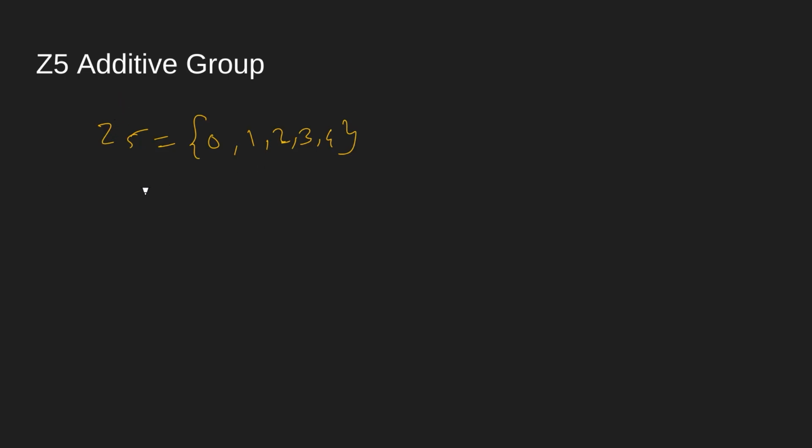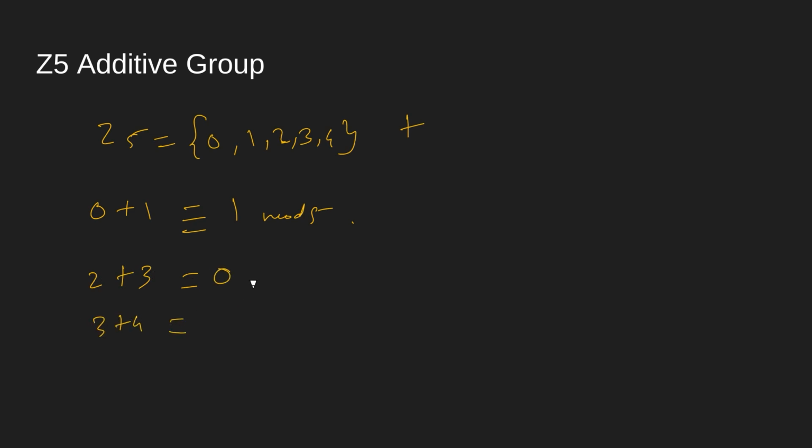So now this additive group, under the operation addition, works like this. 0 plus 1 is equal to 1, or we can say it is congruent to 1 mod 5. If I'm writing equal to right now, it's a shorthand for the congruent symbol. I'm going to ignore that equal to symbol also. Because why not? So 2 plus 3 will be equal to 0. What about 3 plus 4?